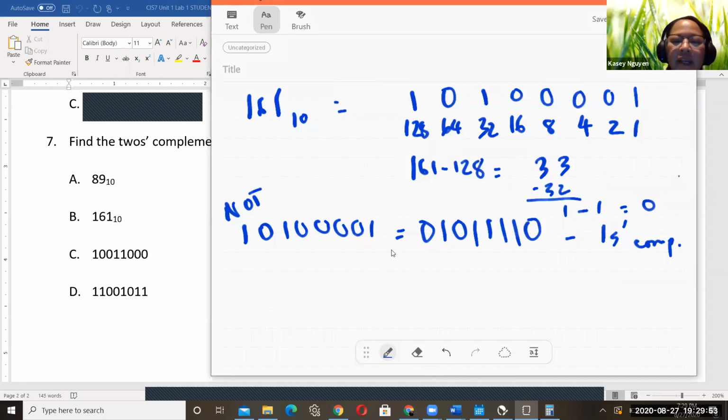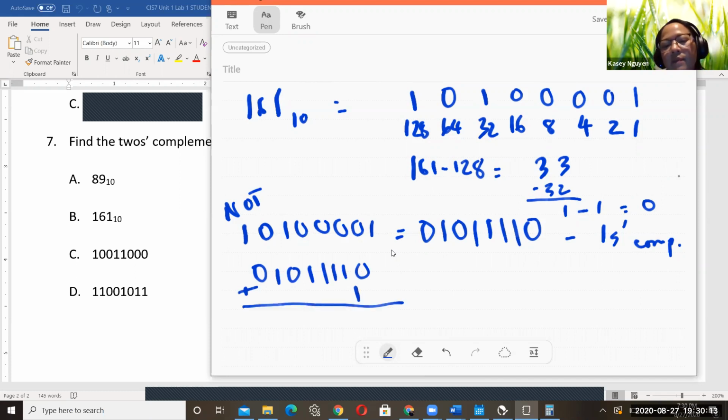We don't complete until we add the 1 to this. So we're going to take this and do a plus 1. So 0, 1, 0, 1, 1, 1, 1, 0, plus 1. And simply, this is a 0 and a 1, so you just get 1 there.